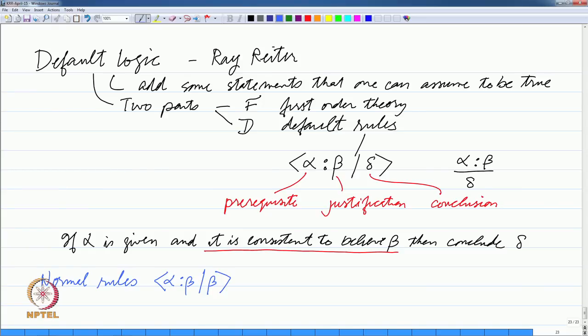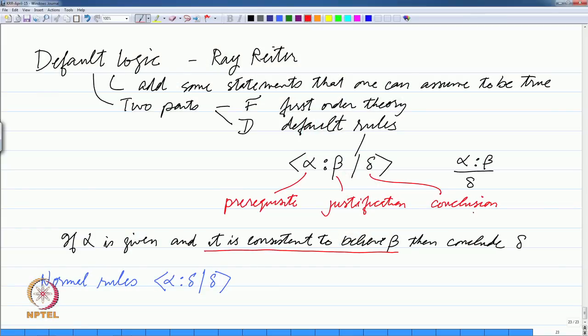Or maybe I should write delta, because we are talking about delta as the conclusion. So, a normal rule says that if it is consistent to believe delta, assume that delta is true. The conclusion is also the assumption, or you can say belief, something that you are willing to believe in.